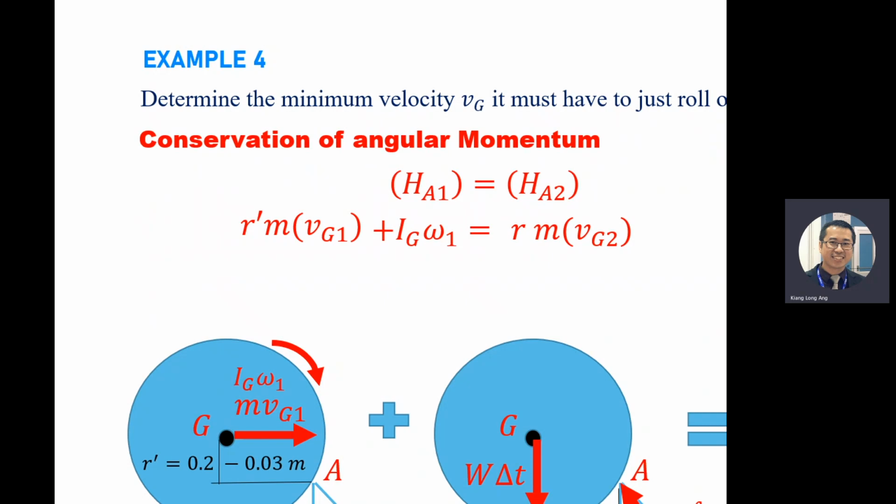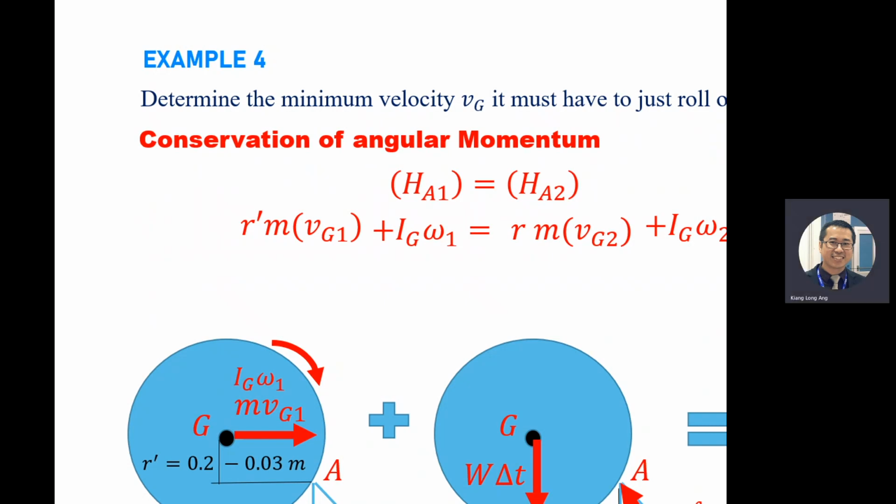So the first diagram here is before. You have the initial momentum, mv multiplied by r, plus I omega, equal to this one, equal to mv multiplied by r plus Ig omega 2.